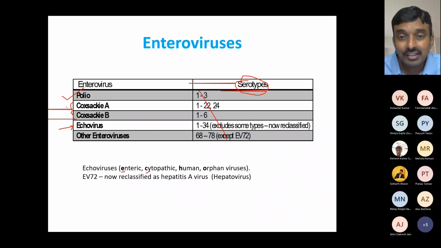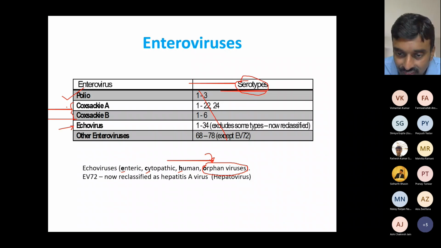They were cytopathic, which means they caused CPE when they grew in cell culture. They were human in origin because they were isolated from human feces. But then they were called orphan viruses at that point of time when they were named, which is almost 75, 80 years ago. They were called echoviruses because people thought they were orphan viruses.